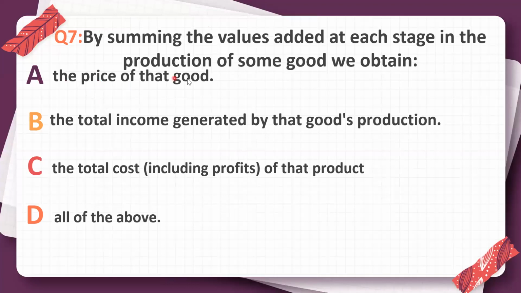So we can get the price of that good, or the total income generated by that good's production, or the total cost including profit of that product. We can have all of the above if we sum the value added at each stage. So correct answer is D.